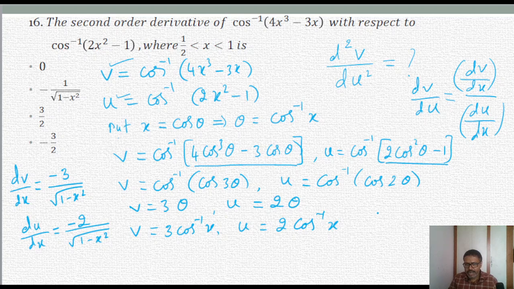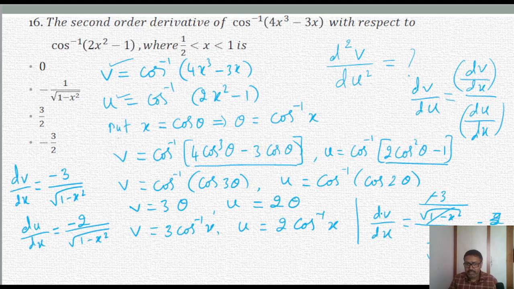So dv by du will give you minus 3 divided by root of 1 minus x square, whole divided by du by dx, which is minus 2 divided by square root of 1 minus x square. So minus minus, and these two terms will get cancelled. So here you will get a constant 3 by 2.